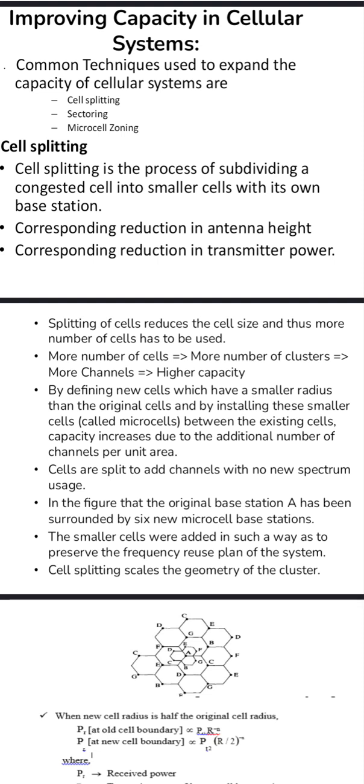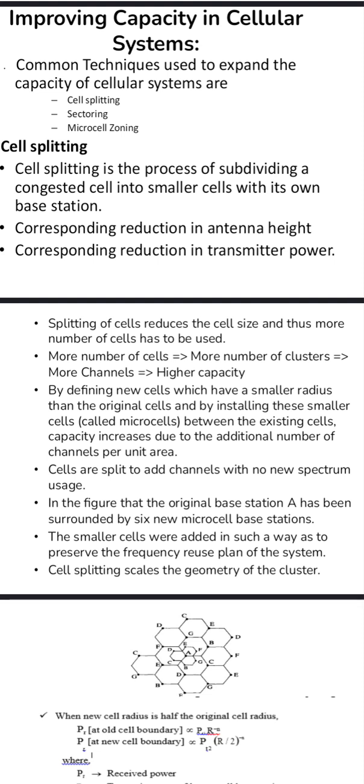Or we can say, the process of subdividing a congested cell into smaller cells, each with its own base station and reduced transmit power. There will be a corresponding reduction in antenna height and in transmitter power.